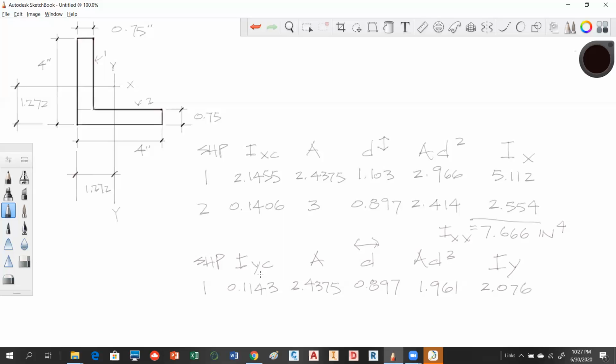Okay, so now we're looking at shape 2. So shape 2, this is your base. Now this is your height. So it's 1/12 the base, which is 0.75, times the height cubed. So that's 4 cubed times 0.75 and 1/12 of that. And that gives us a moment of inertia of 4. Area is the same thing as we had before. It's 3. Okay, we're comparing this guy's y-y axis, which is here, that would be 2.